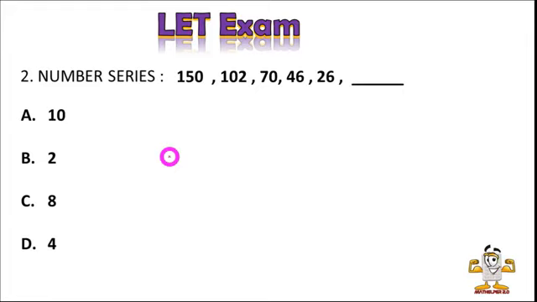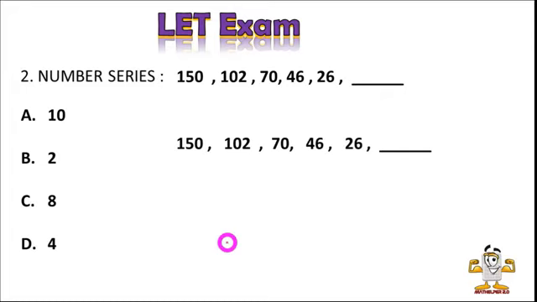Number 2, number series 150, 102, 70, 46, and 26. So meron pong nahanap na ika-anim na term. So letter A, 10, letter B, 2, letter C, 8, letter D, 4.